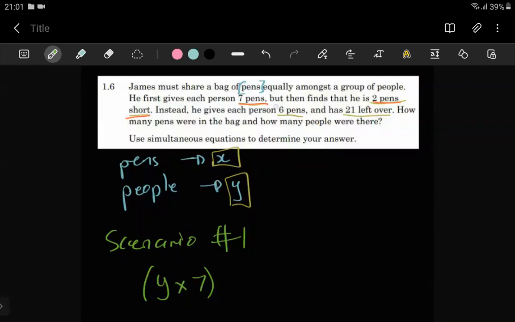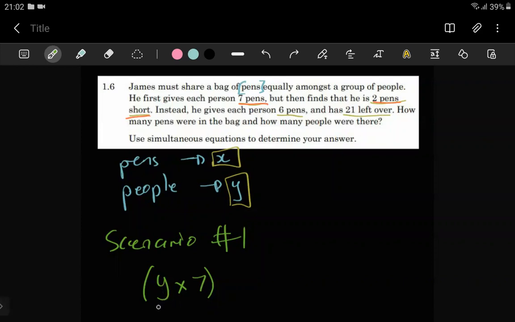And then it says he finds that he is 2 pens short. So when he tried to give, let's say, 7 pens to 10 people, he couldn't do that, because technically the amount of pens was short by 2. If you think of it logically, if he were to give each of these 10 people 7 pens, he would have 70 pens.